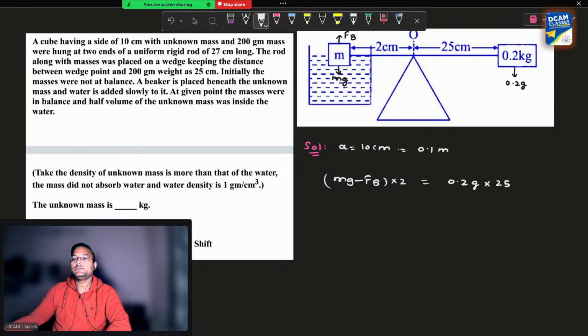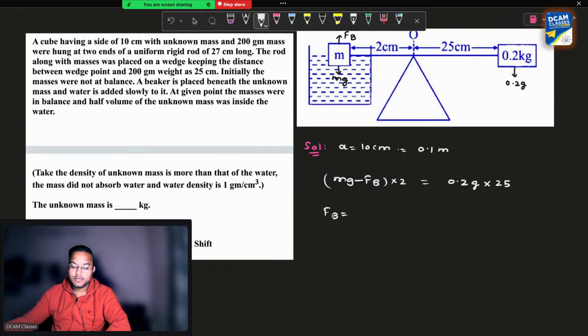But this 0.2 is in kg, no? What they're asking? Unknown mass. Acha, unknown mass they're asking. But the FB is there, no? Rho g into V, rho g.